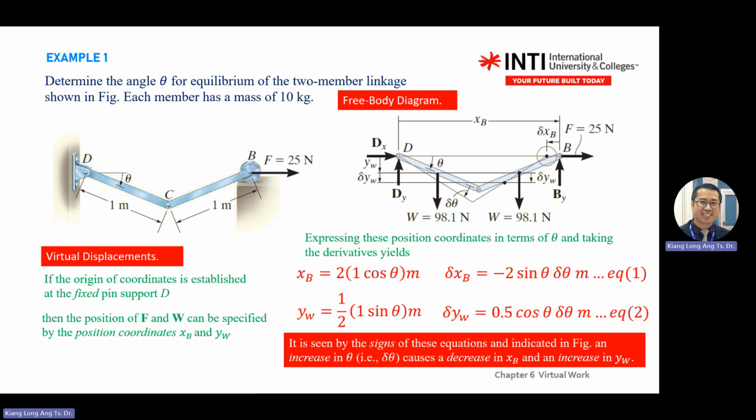So it means the more you go down, y will increase, but the xb here will become shorter and shorter. This one will decrease, xb will decrease, and yw will also increase. Equations 1 and 2, I'll come back in the next lecture.